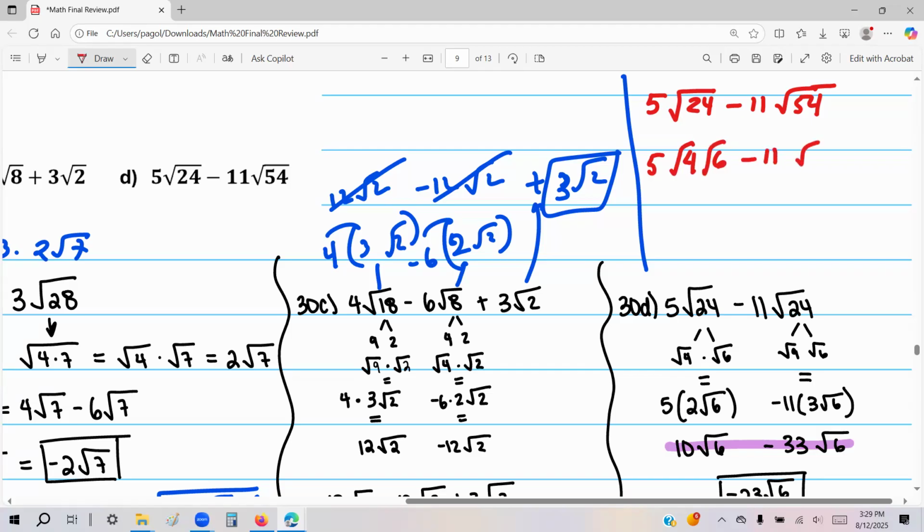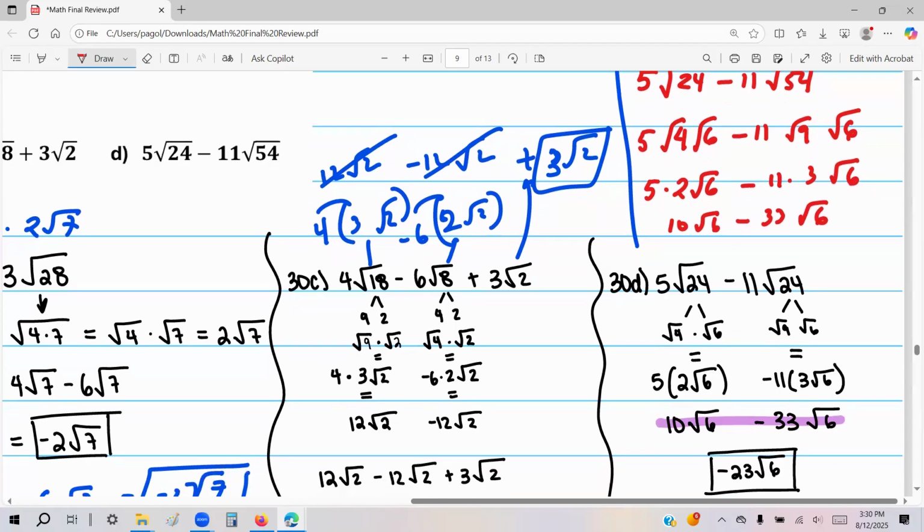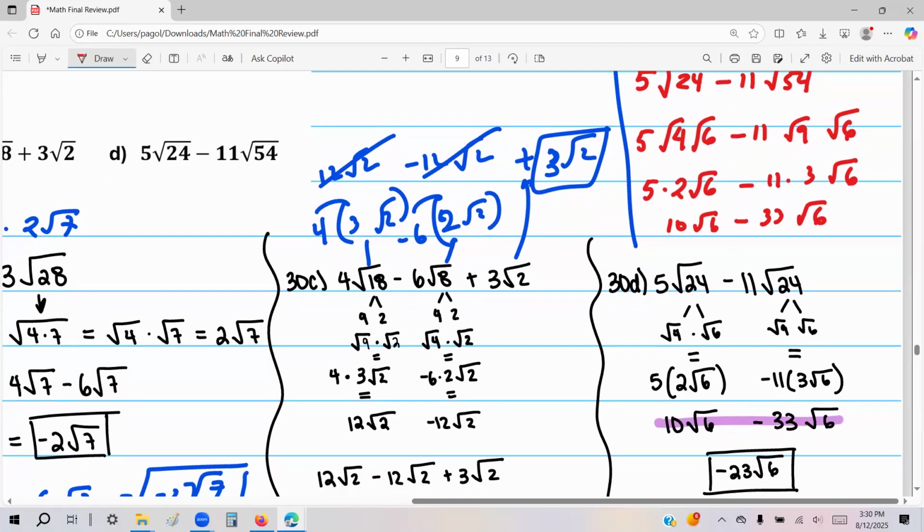Bring down 11, and then 54 is what and what? 9 and 6. 5, 2 square root of 6, 11, 3 square root of 6. So 10 square root of 6 minus 33 square root of 6. The answer is negative 23 square root of 6.